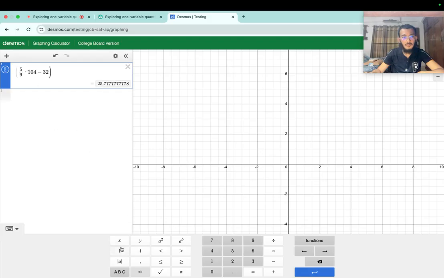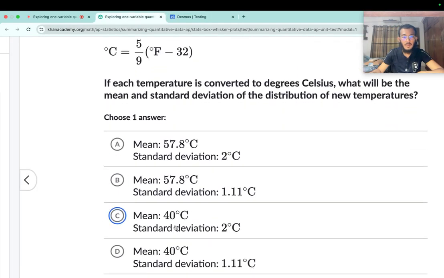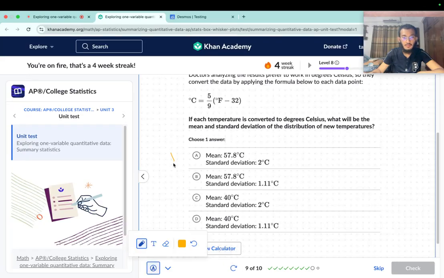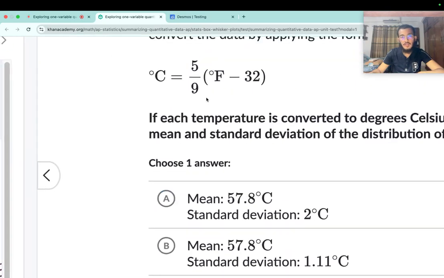So we just convert 104 to degrees Celsius, which is 40. So the mean would be 40. So A and B cross out.